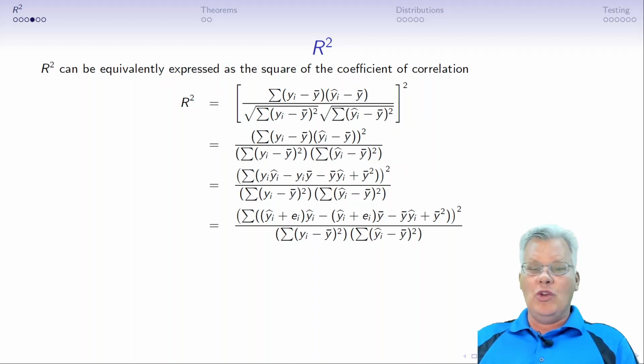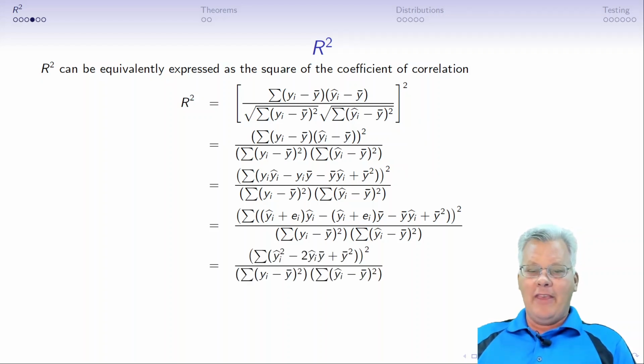Then, substituting for y i, y hat i plus e sub i, the regression residual. Okay, so I've made that substitution everywhere for y sub i. And then when I break that new parentheses around the substituted y i, you recall from the previous slide that the sum of y hat i times e i is equal to 0, so that term falls out.